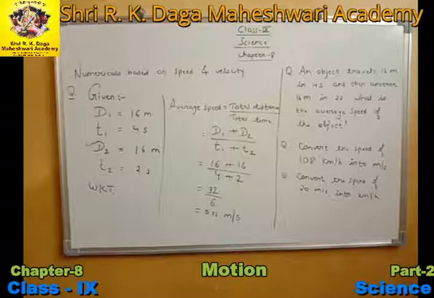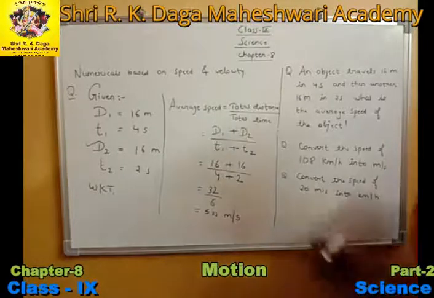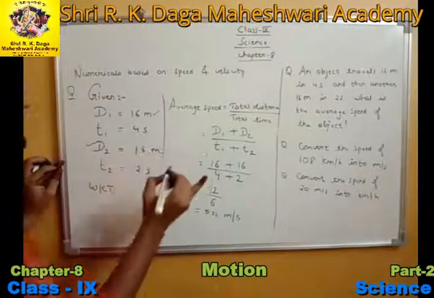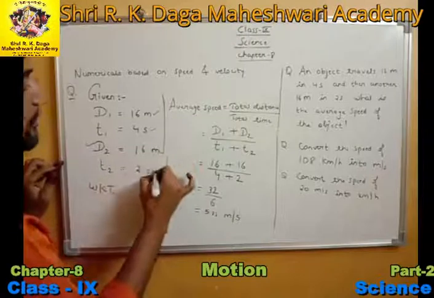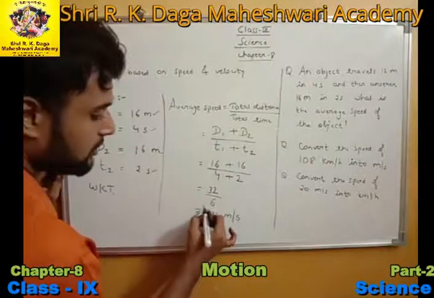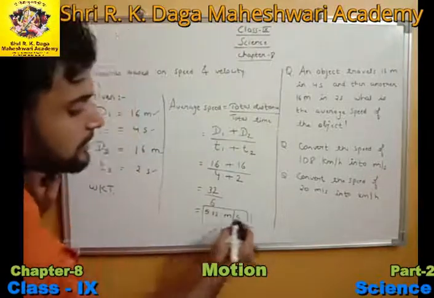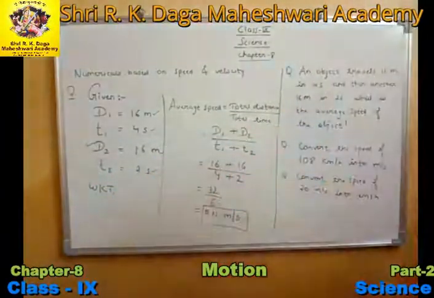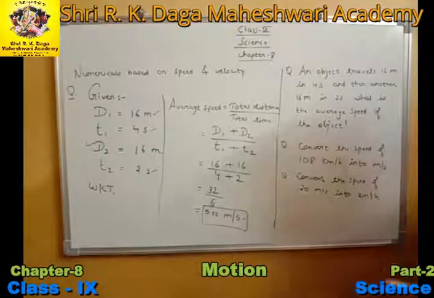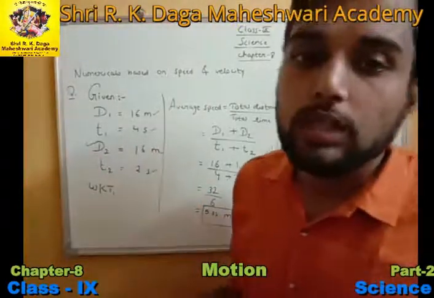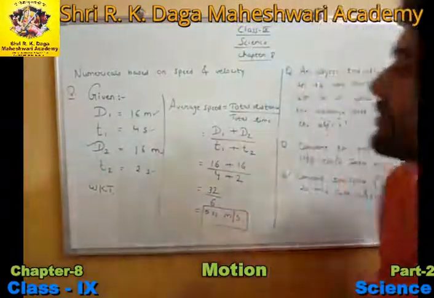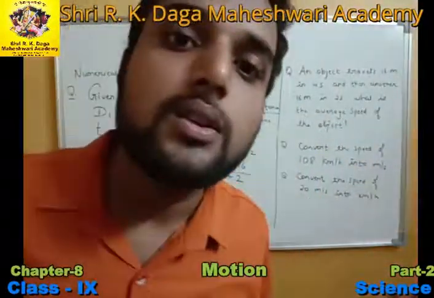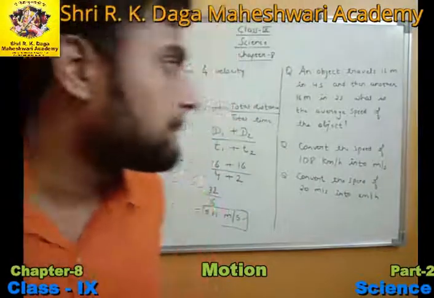Since the distance is given to you in meter and the time is given to you in seconds, the unit of your answer will be meter per second. Okay. Now sometimes it may also happen that the distance is given to you in kilometer and the time is given to you in hour, and the question will ask you to convert this kilometer per hour into meter per second.